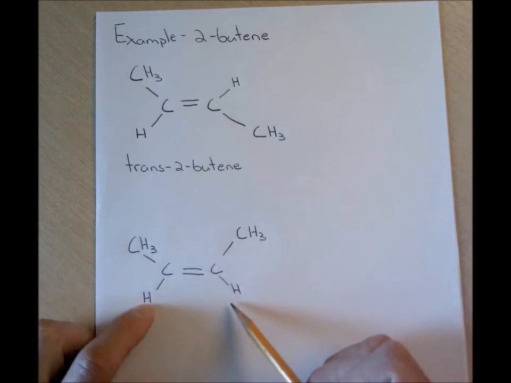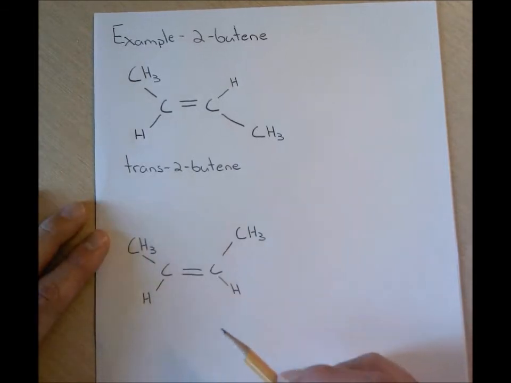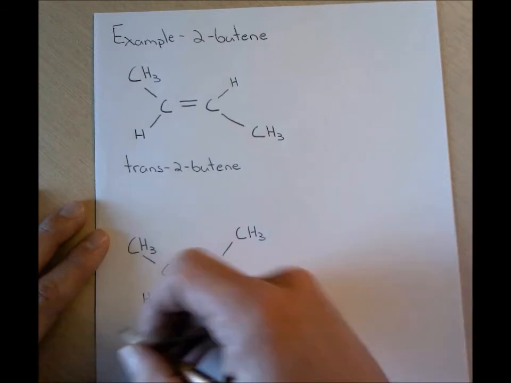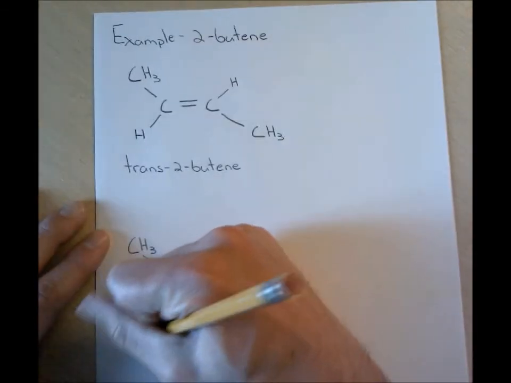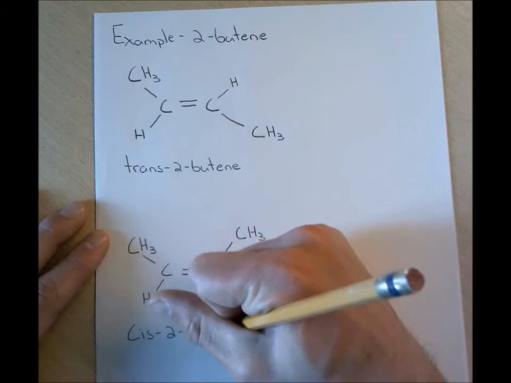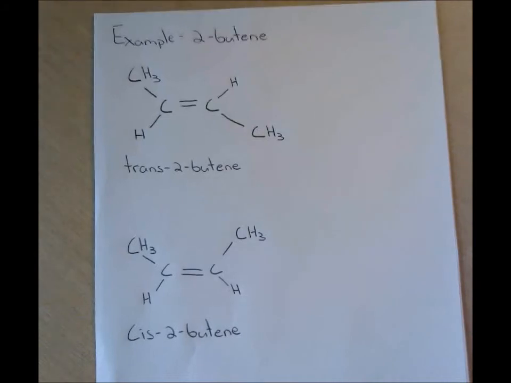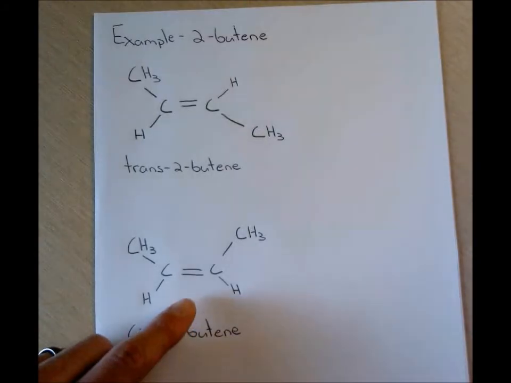So in this case, if you look at the cis, it says the arrangements of the attached molecules are on the same side. So this arrangement right here is cis-2-butene. So that's how you identify if you have cis or trans. You essentially look at the double bond and you say, hey, where are my attachments coming off of?